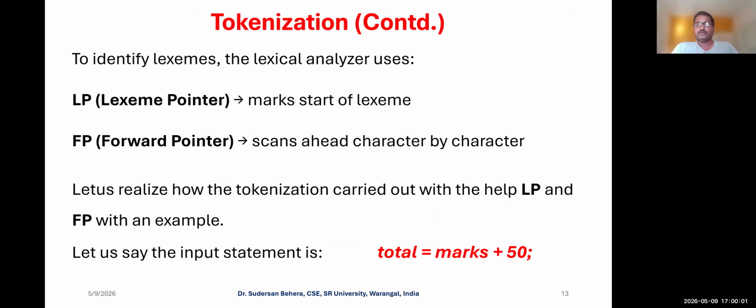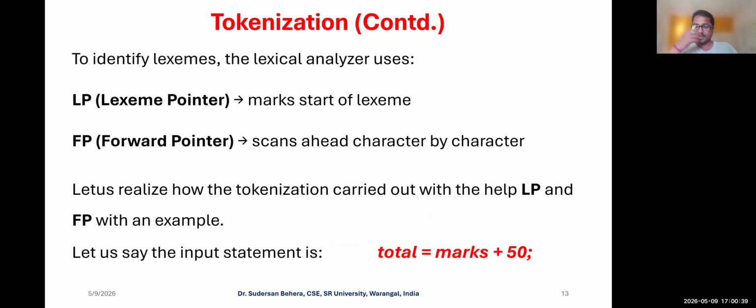So it goes on scanning character by character, and once it encounters a blank space or white space, it stops. Whatever sequence of characters is found between the Lexeme Pointer and the forward pointer is treated as a lexeme. Once the lexeme is identified, it finds out the token type, the class of that lexeme.